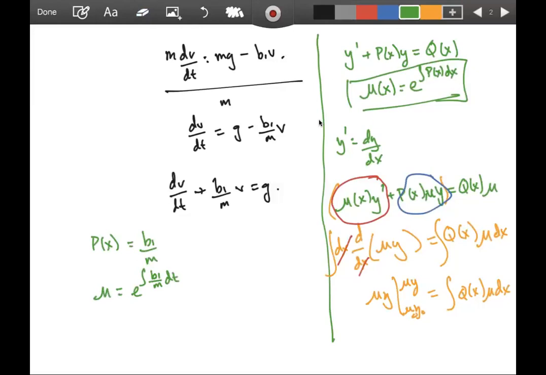Since b1 over m is a constant, this is e to the b1 over m times the integral of dt, which is t. So this just becomes e to the b1 over m times t. This is my integrating factor.